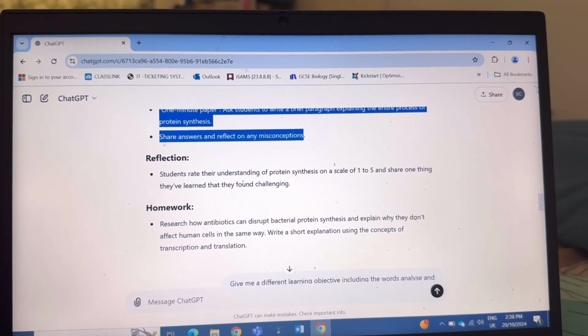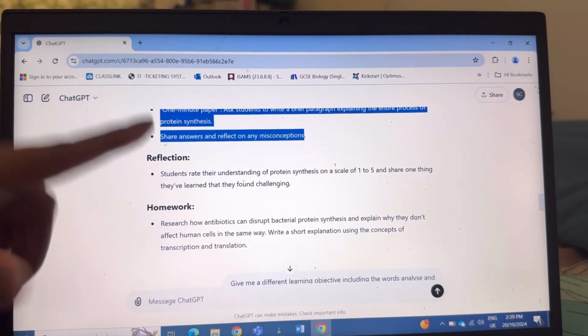So we understand which student has really understood the lesson or which student is still struggling, and what are the areas I as a teacher need to focus more on, and which students I should focus more on in the next lesson so that everybody reaches the same level. So all these things come under reflection.